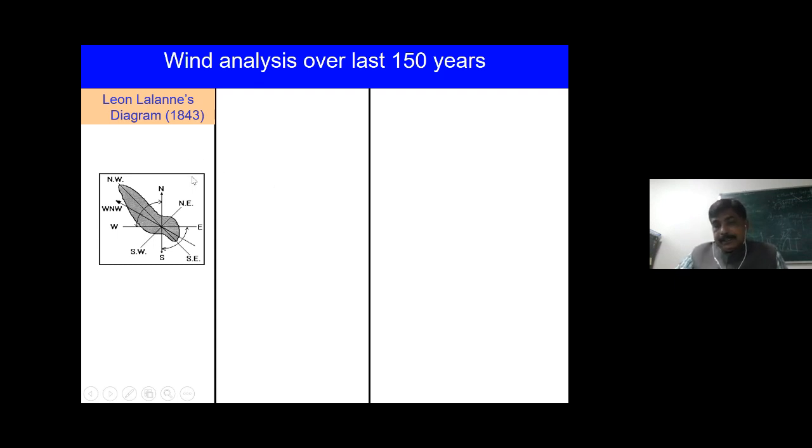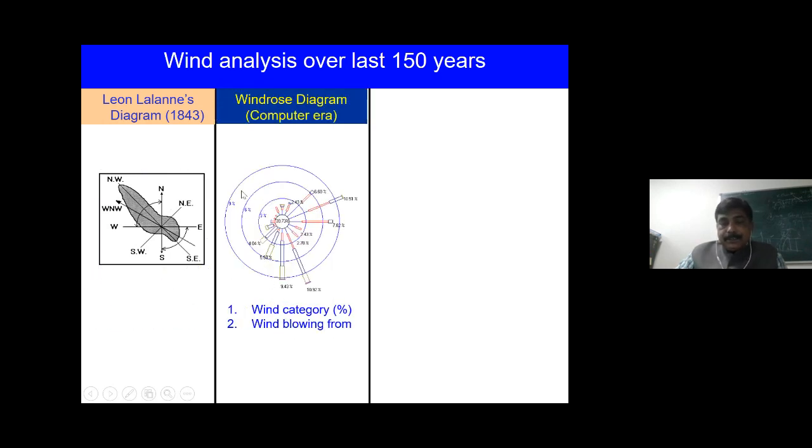A French artist named Leon Lalande created this diagram. From here, this is how he analyzed the predominant wind direction of the meteorological data or wind. Then today, in the computer era, you can see this is how the windrose diagram is shown.